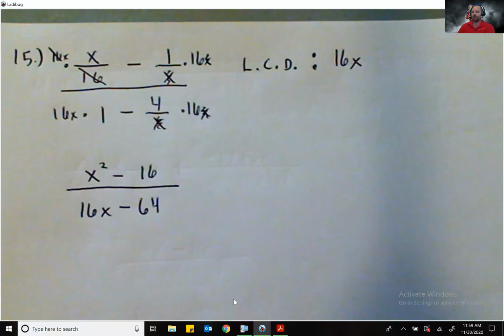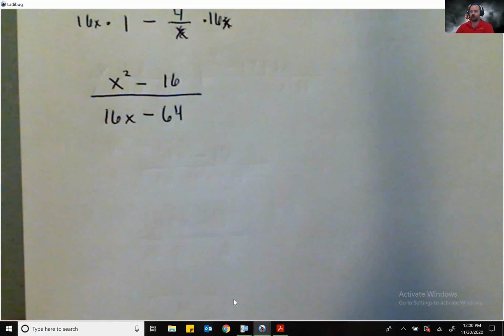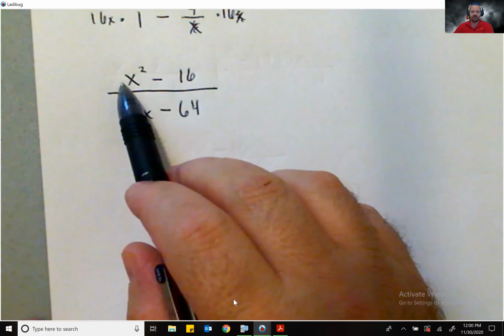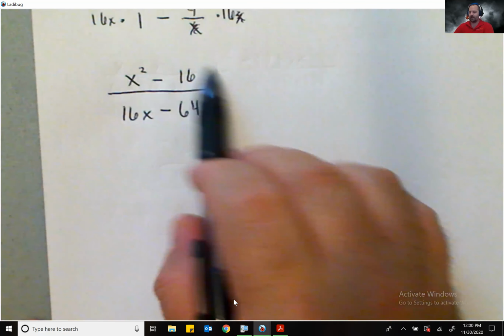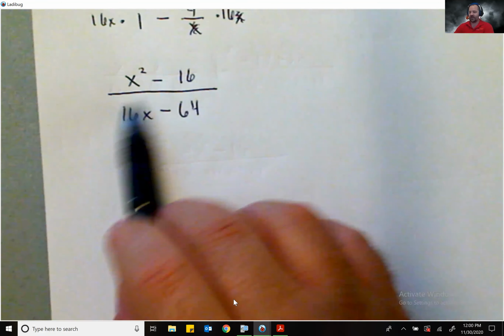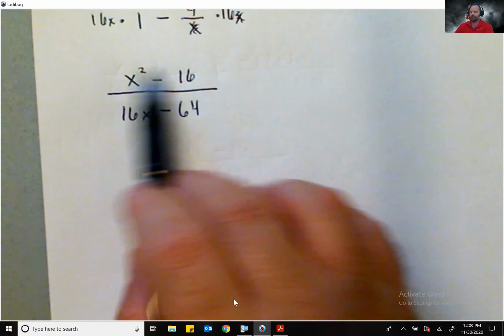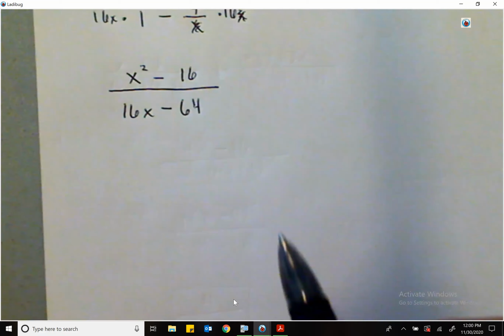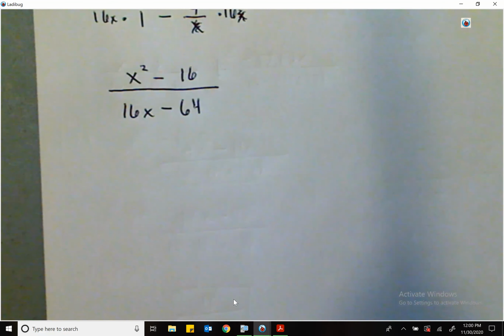And then now, just like before, all we need to do is, is there any reducing here? Or sorry, not reducing, factoring. Do any of these factor? Yes, the x squared.